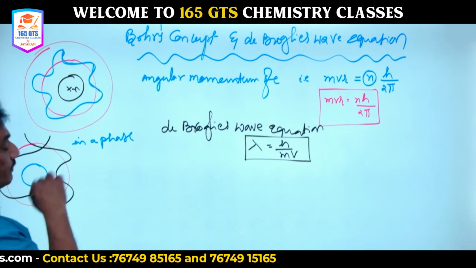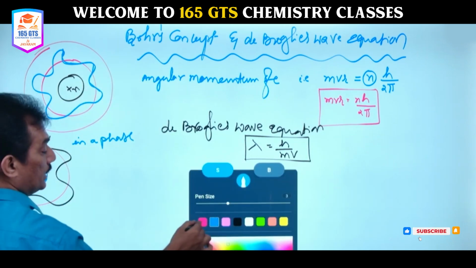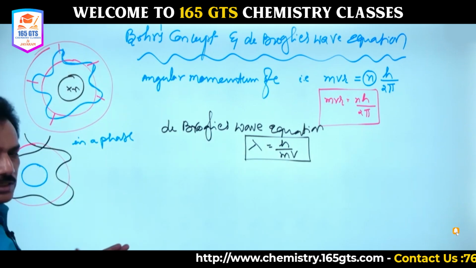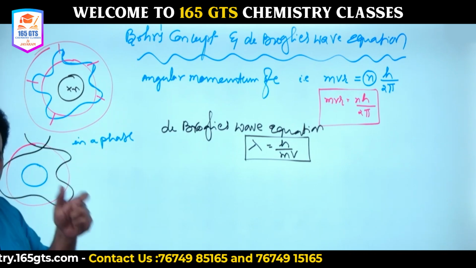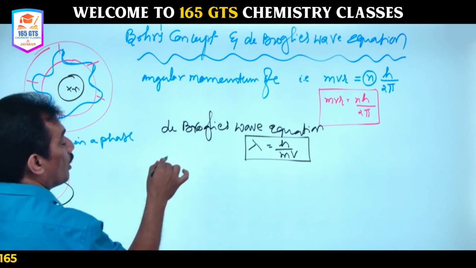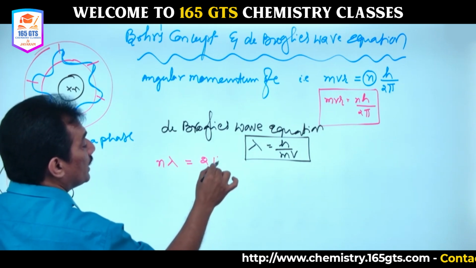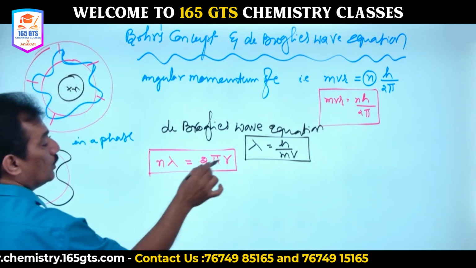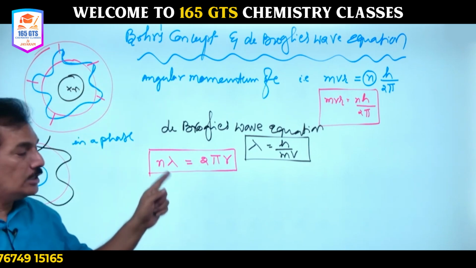And here he is considering one more very interesting factor. When it is revolving, the distance between two crests or troughs is the wavelength. In an orbit, when the three-dimensional wave-behaving electron is revolving, the number of wavelengths associated is equal to the circumference of that orbit, that is n lambda is equal to 2 pi r. 2 pi r is nothing but the circumference of the orbit and n is the orbit number.